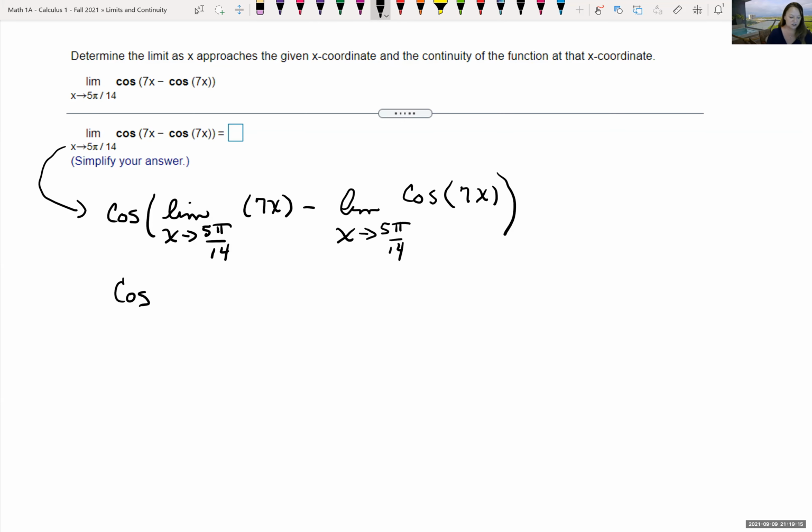So if we just did direct substitution, we have cosine of, well, plugging in 5 pi over 14 wherever we see an x there.